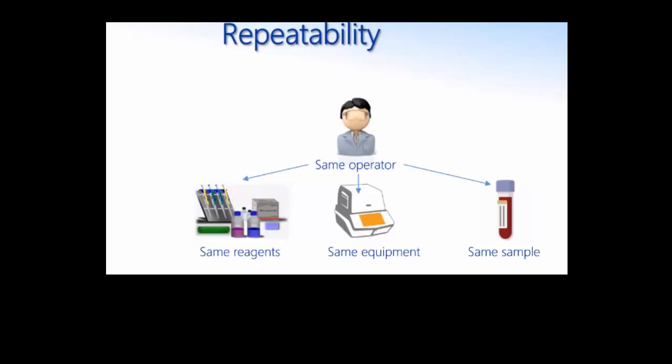And all this should be performed in the same laboratory. Several repetitions of the same experiment should be performed over a short period of time, and at the end, we should observe and analyze the variation obtained in the results.